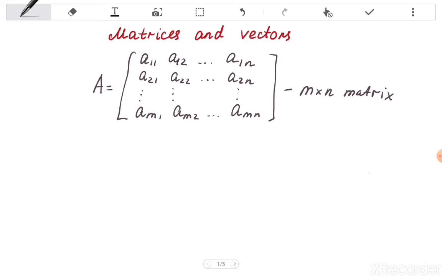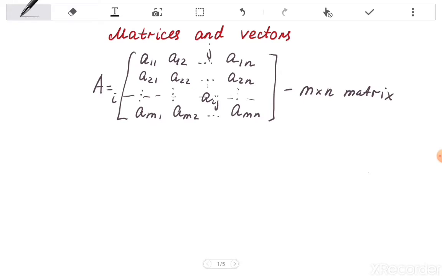You can notice that the numbers are denoted by a and two sub-indices here. The first index means the number of the row, and the second index means the number of the column. For example, if we look at element a_ij, it means the element in the row i and in the column j.